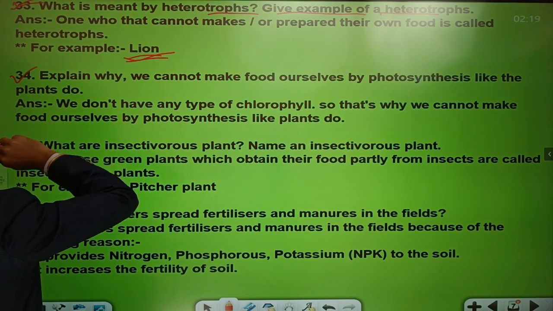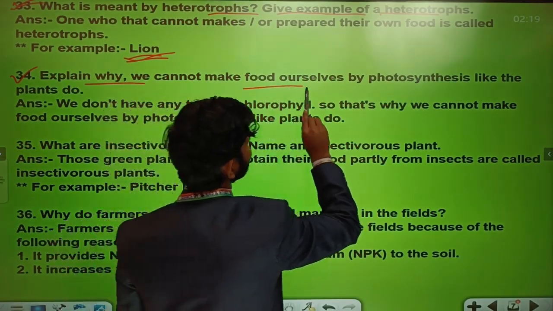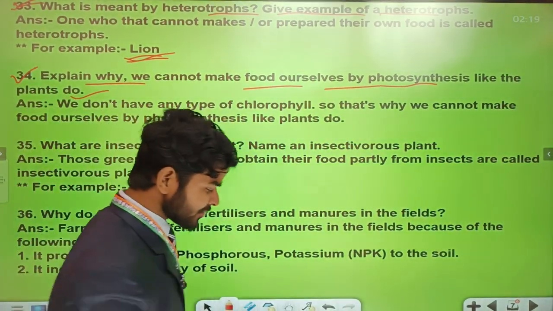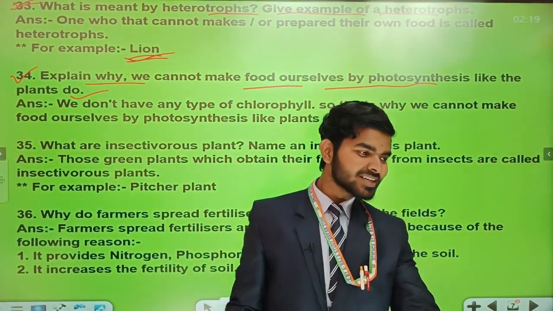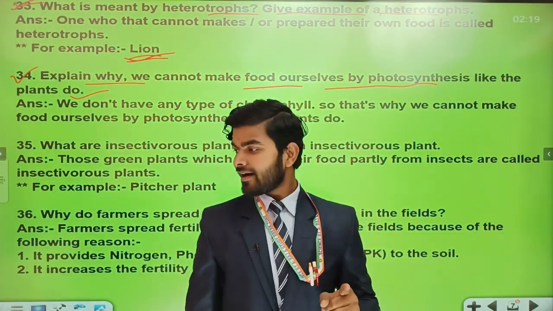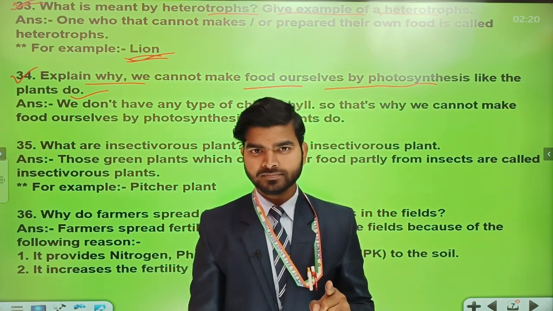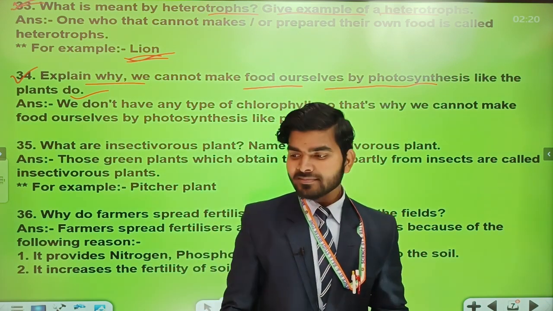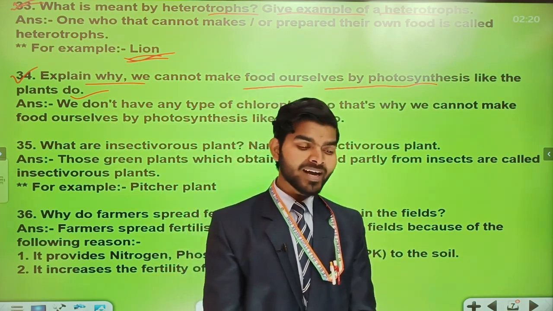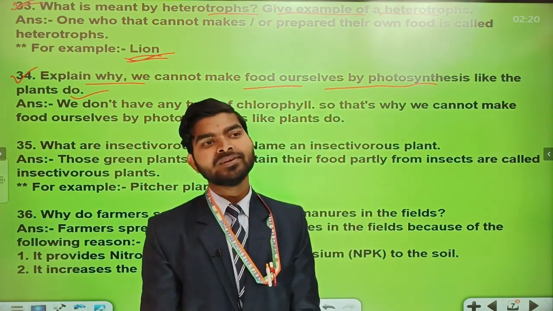Next, question number 34. Explain why we cannot make food ourselves by photosynthesis like plants do. You boys have already asked me this question: sir, plants are able to do photosynthesis, but why can't we? And what will happen if we are able to?